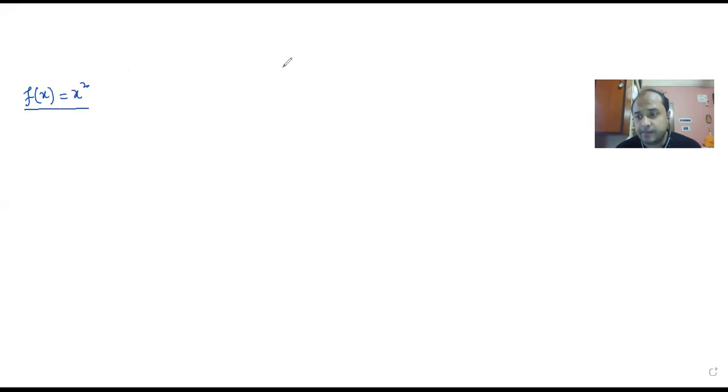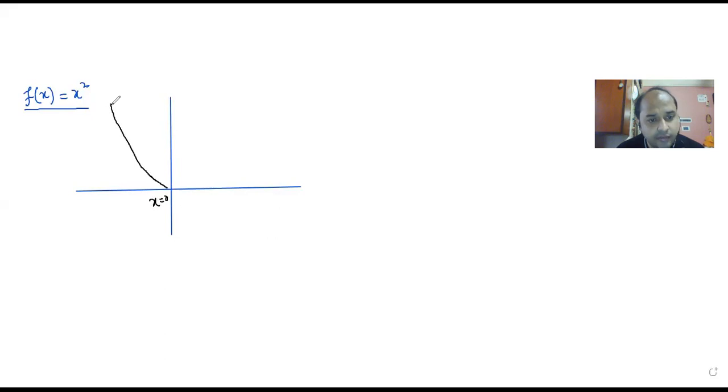Since today there is a bit of network trouble, you have to be a bit quick about the drawing, because I am losing my whiteboard every time it disconnects. So this is your x equal to 0, and this is the curve of f(x) equal to x square, and I am putting the domain from -1 to +1.